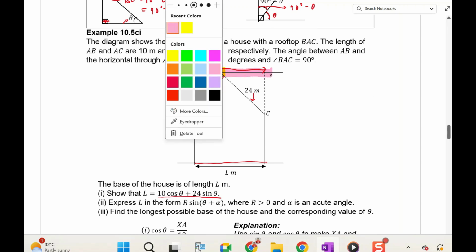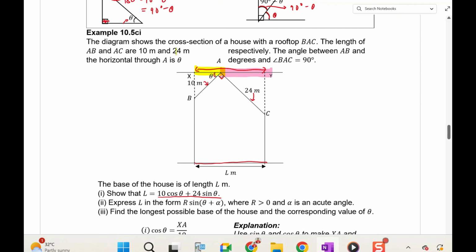You'll see that XA is one of the lengths of this triangle, while AY is one of the lengths of this triangle. Therefore, using trigo, we can find the lengths of XA and AY separately and add them together to find the length of L.